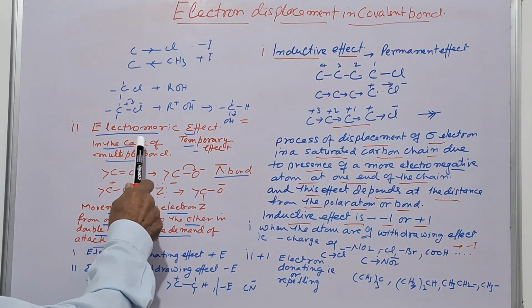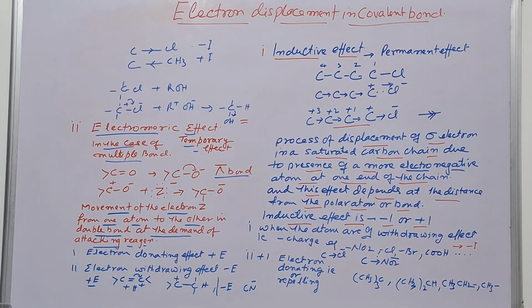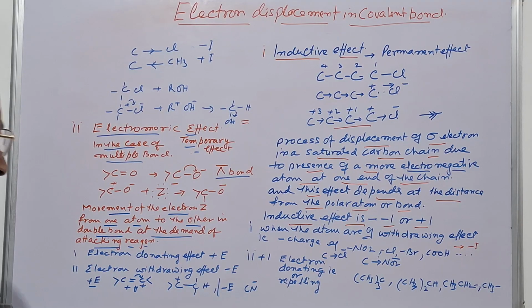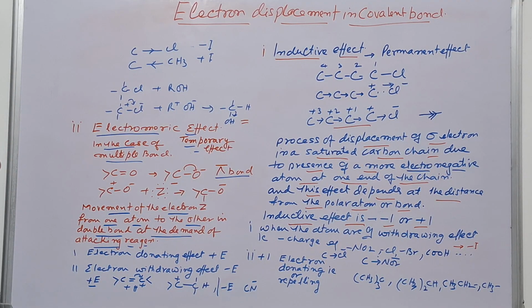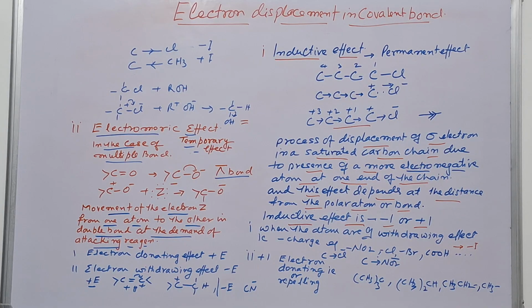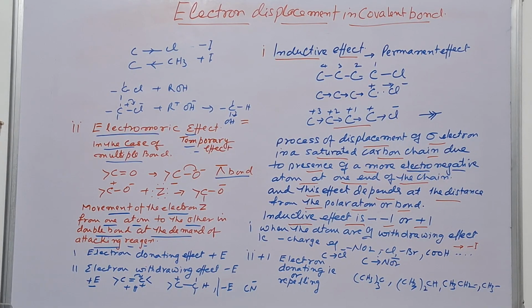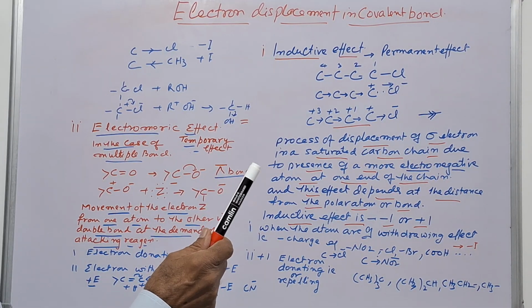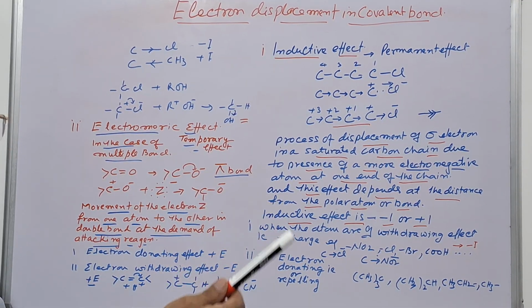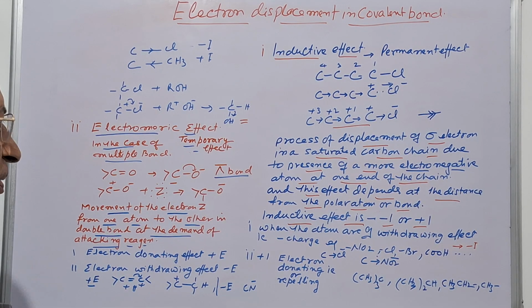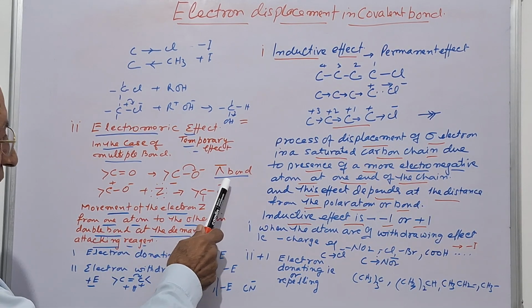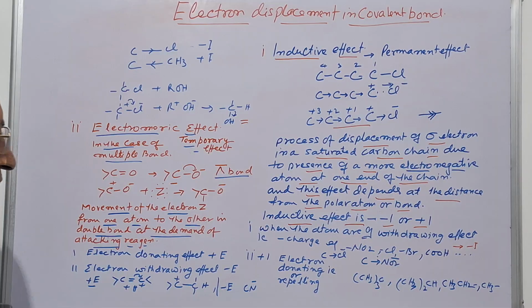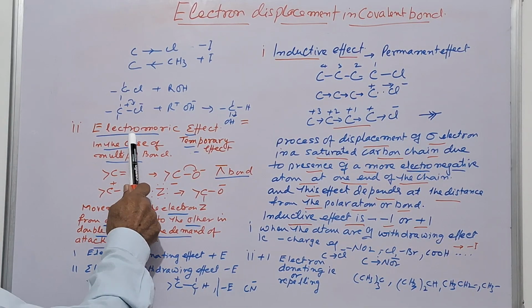Now the second is the electromeric effect. This effect is a temporary effect and it is found in the case of multiple bonds, that is double bonds and triple bonds. If we take the example of a double bond, one bond is sigma, which is a strong bond, and the second bond is pi, which is a weaker bond. So here the pi bond takes part in the electromeric effect.